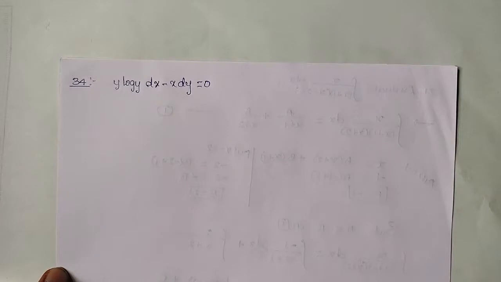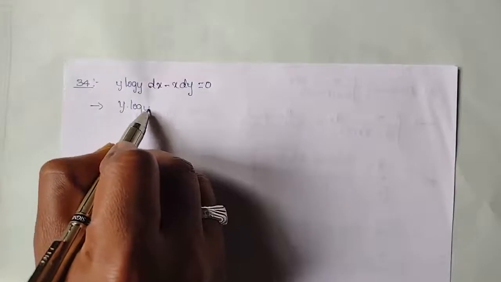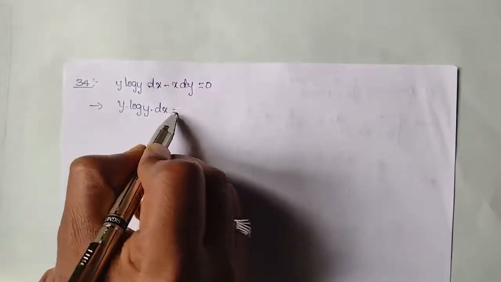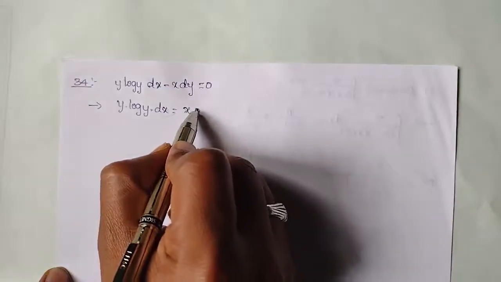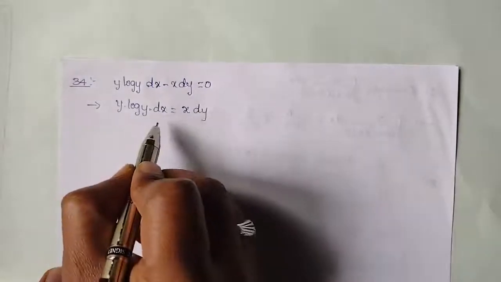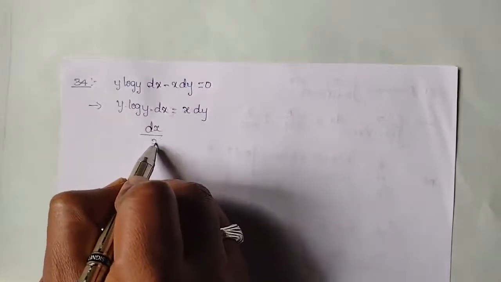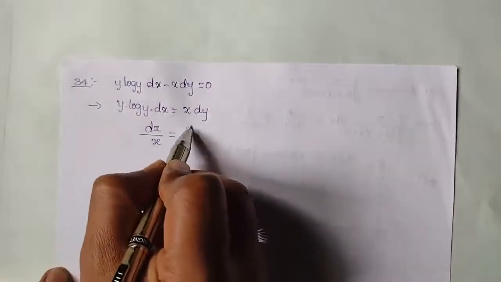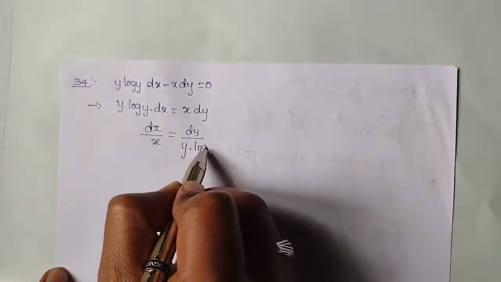How to solve this problem? By variable separable method. So y log y dx is equal to, shifting minus x dy to the right hand side, x dy. After that, separating the variables: dx divided by x is equal to dy divided by y log y.